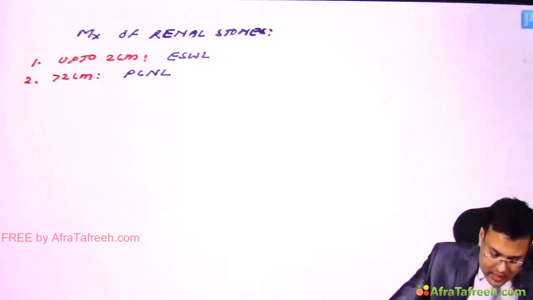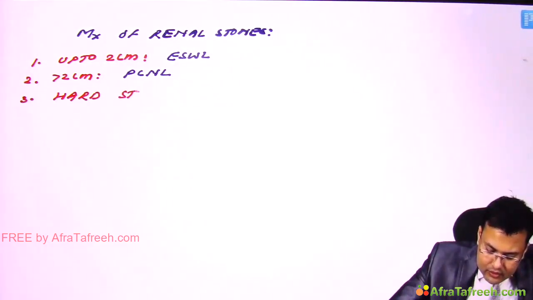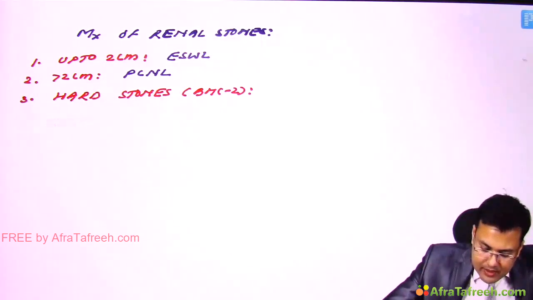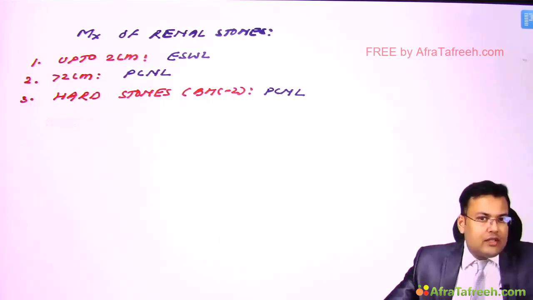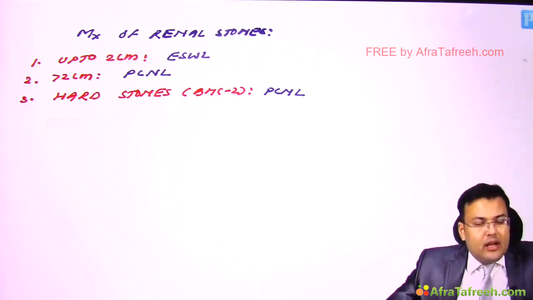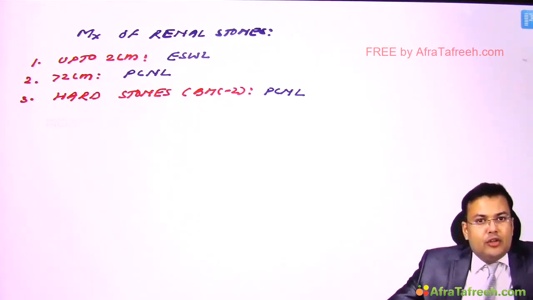Third, if the patient is having hard stones, pneumonic BHC2: brushite, hydroxyapatite, cysteine, calcium oxalate monohydrate. So for hard stones like BHC2, in that case also we go for PCNL. And if patient is having staghorn calculi, this question was asked in AIIMS once, which of the following is preferred treatment option? So you have to choose the combination of PCNL plus ESWL.